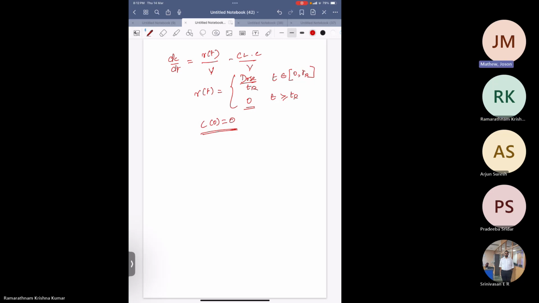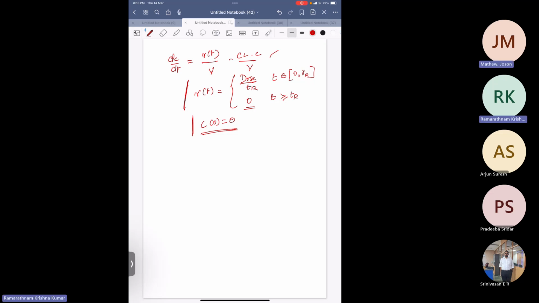The zero part I didn't understand. 0 when t is greater than tr. Which part? This part, the second one, the dose by TR. That is the rate at which you are giving the infusion.